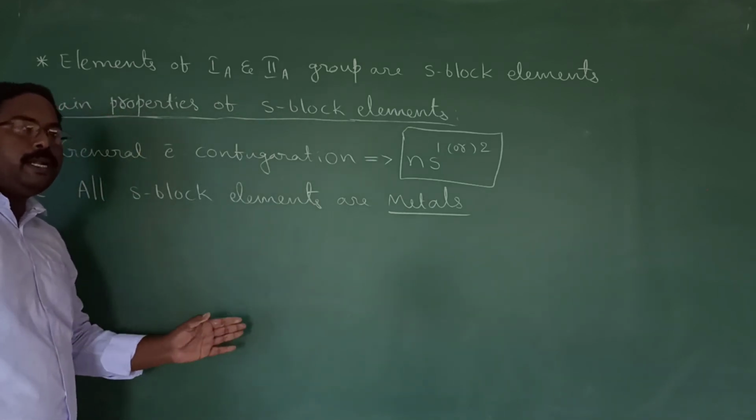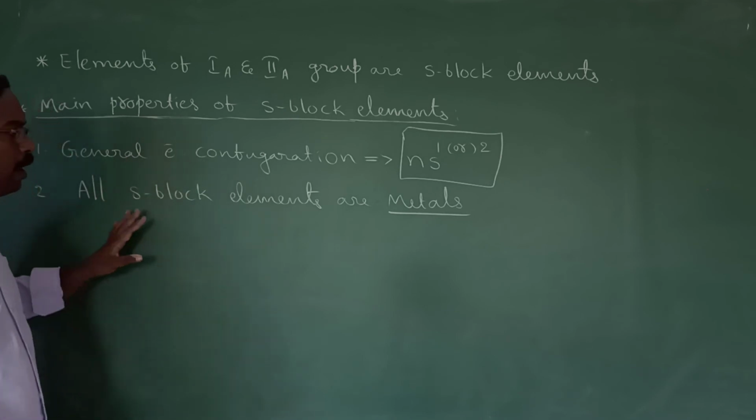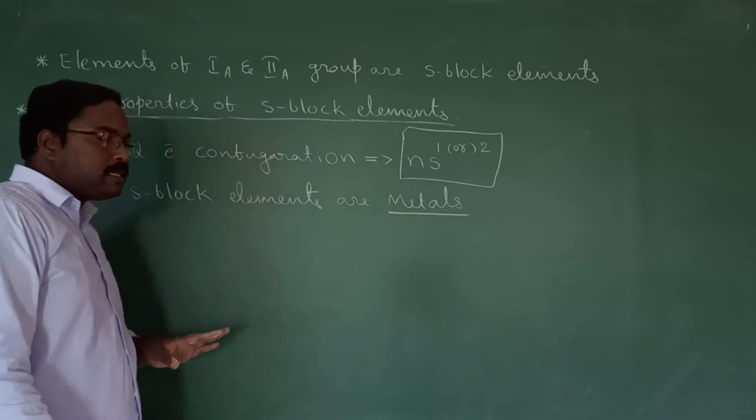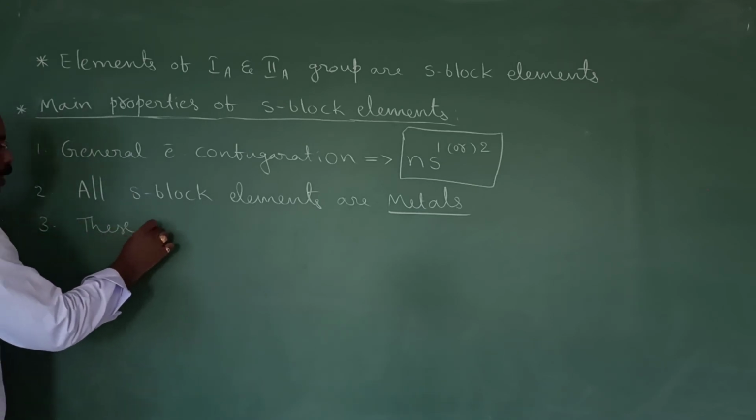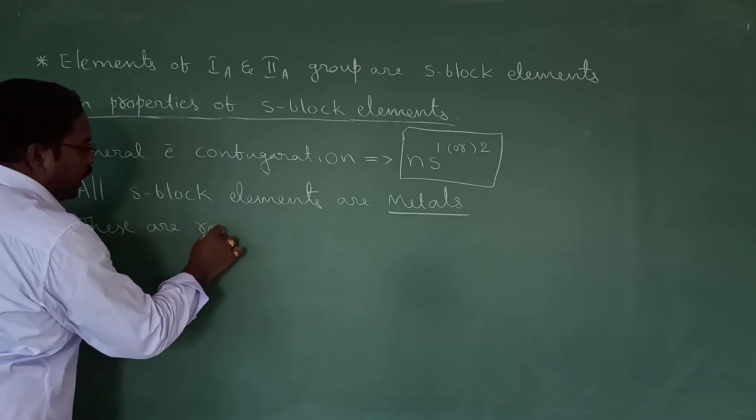There are no non-metals and no metalloids. All S block elements are metals only. And as we already discussed, these are reactive metals.